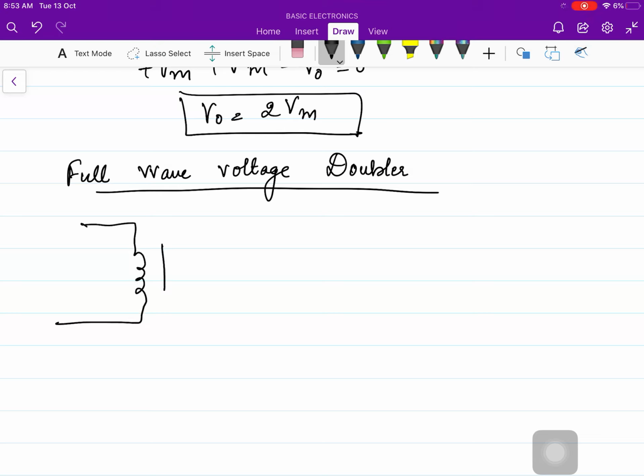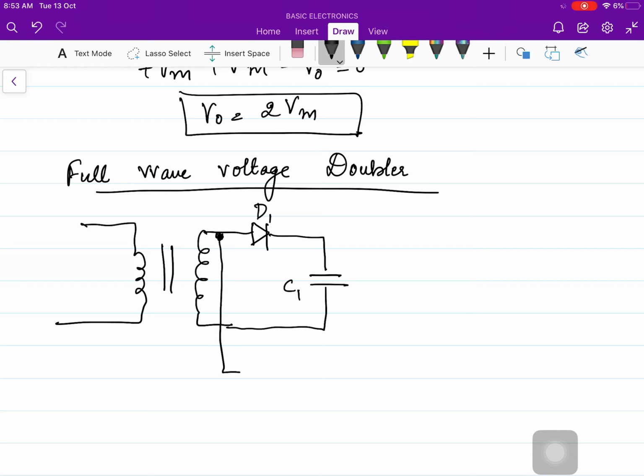Let me draw the circuit first of all. Now remember that the second diode is connected to the above portion.